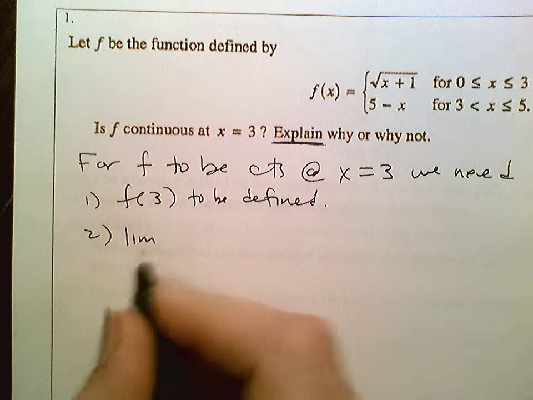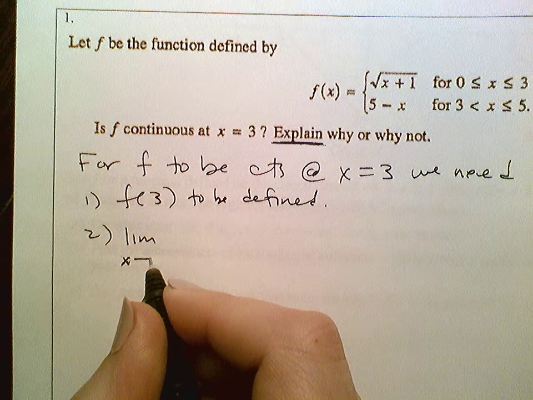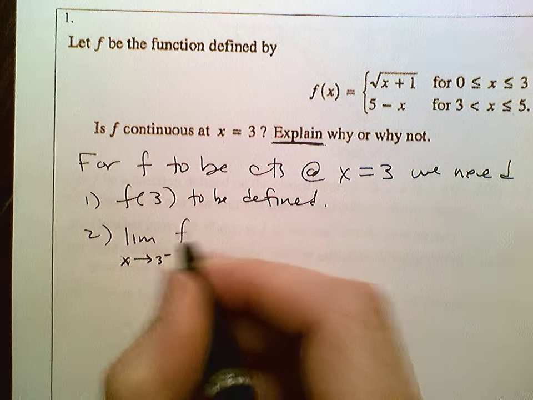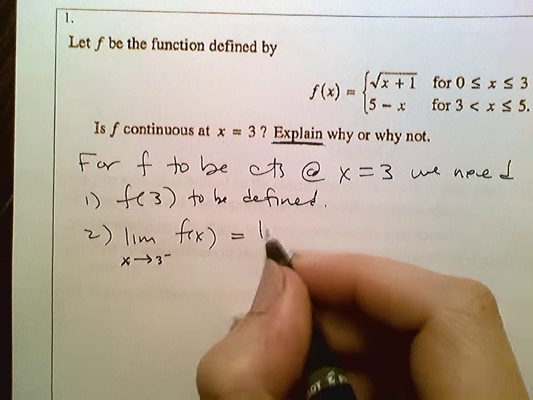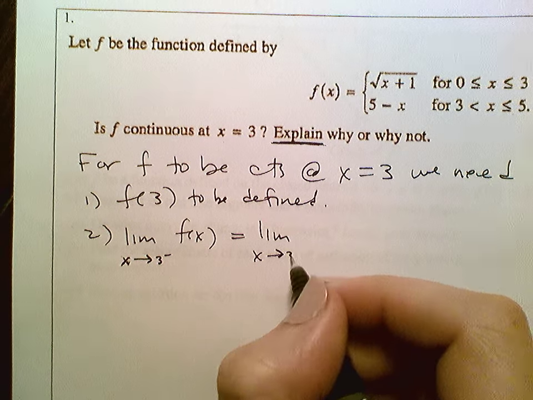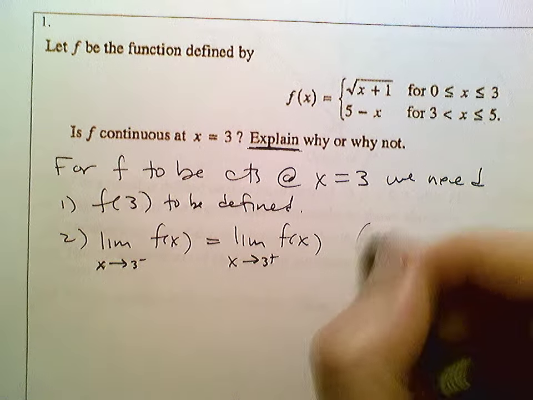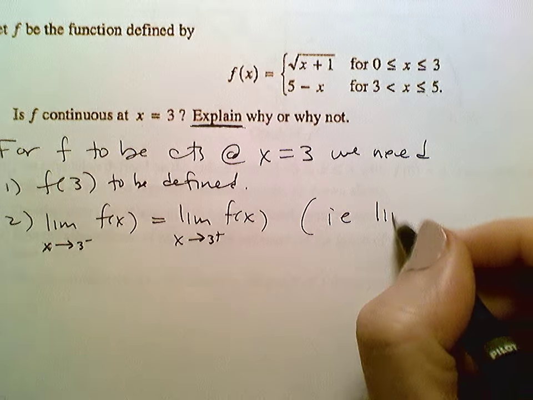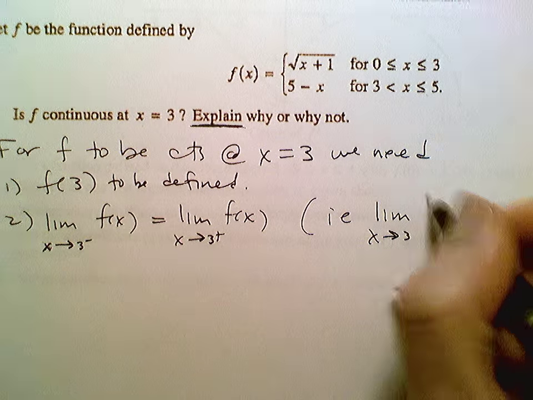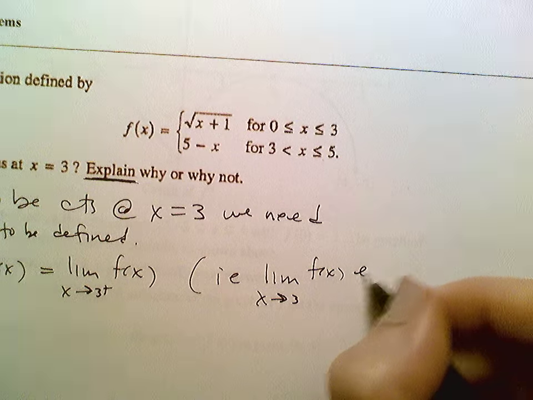So what we've got to do, guys, is we've got to do the left-hand limit, and it's got to be equal to the right-hand limit, okay? So this is another way of saying, i.e., the limit as x approaches 3 of f of x exists.